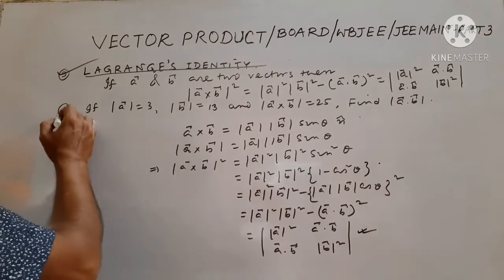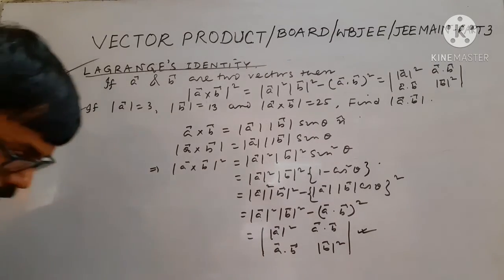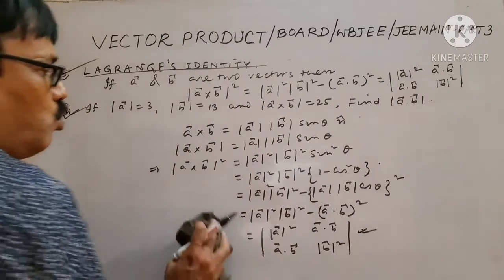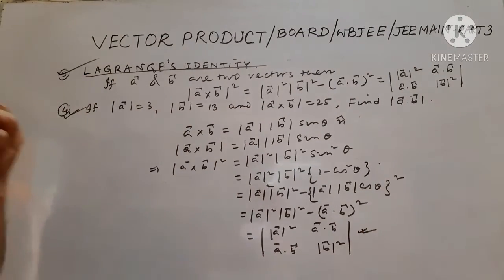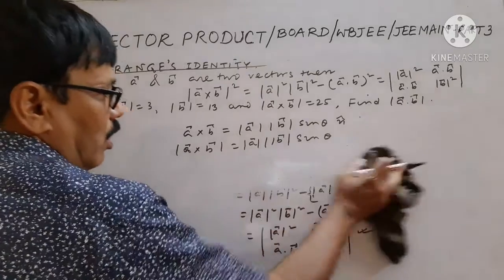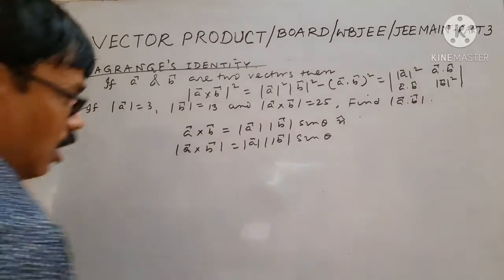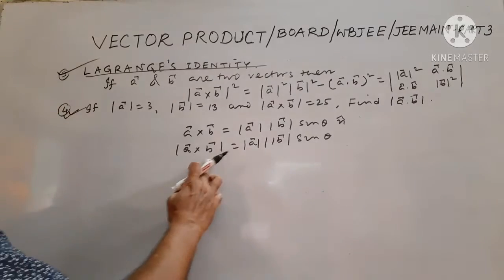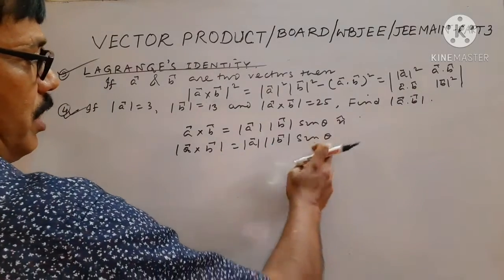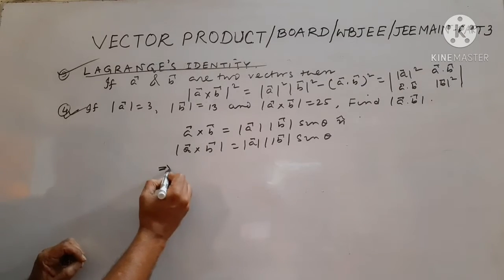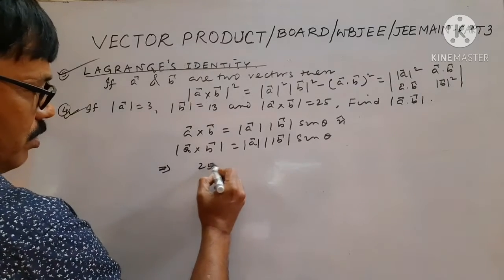Now problem number 4. This is a very simple problem of 1 or 2 marks only. So look, mod A cross B is magnitude of A, magnitude of B, sine theta. Now it is given, this is 25.